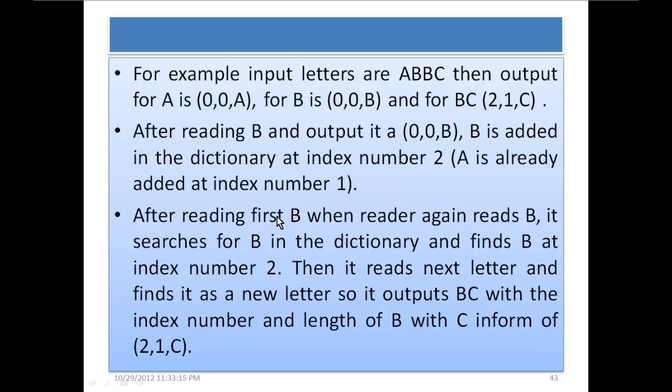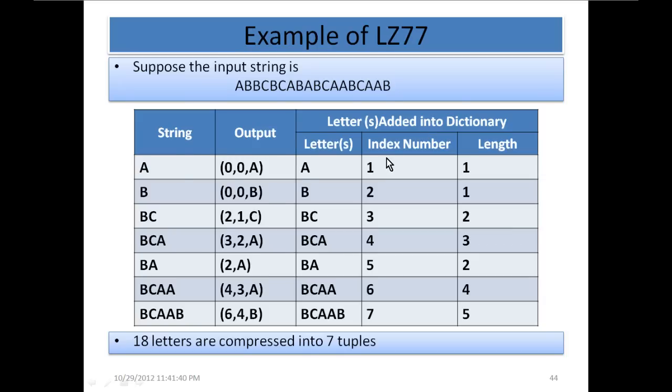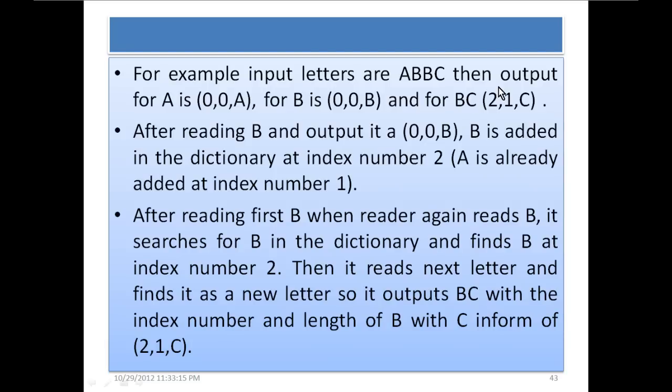After reading the first B, when the reader again reads B, it searches for B in the dictionary and finds B at index number 2. Then it reads the next letter and finds it as a new letter, so it outputs BC with the index number and length of B, with C, in the form of 2, 1, C. So what it simply does is that it searches for this B and finds it in the dictionary.